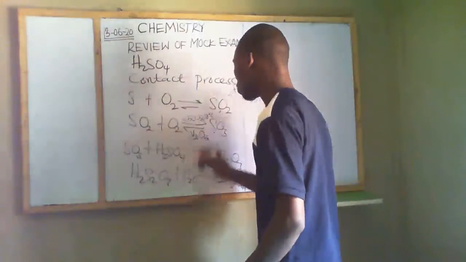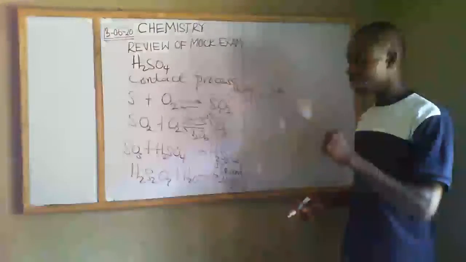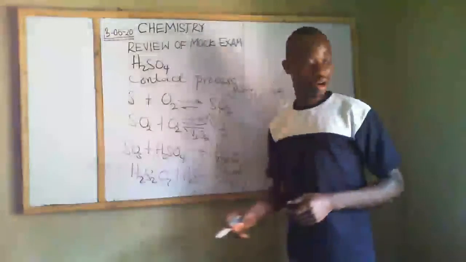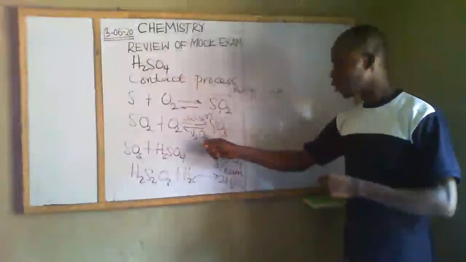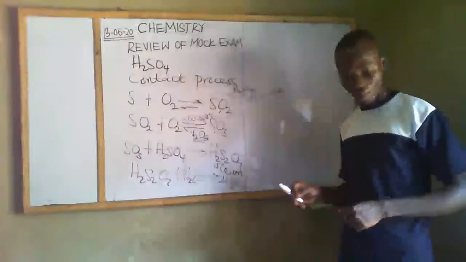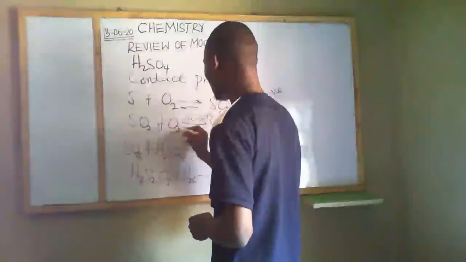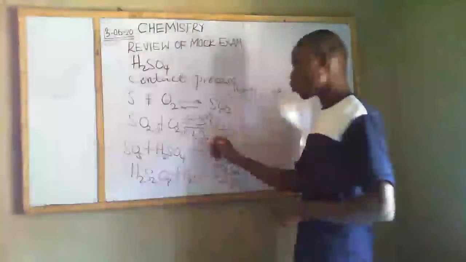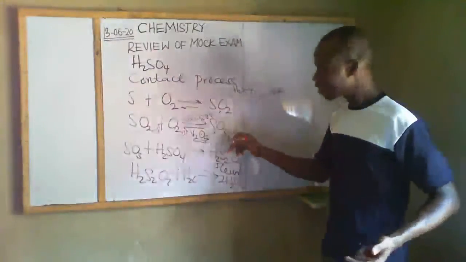One thing I want to point out about this reaction is that it is called homogeneous catalysis, in the sense that the state of the catalyst is the same as the state of the reactants and the product. All these are gases. Sulfur 4 oxide is a gas, oxygen is a gas, sulfur 6 oxide is a gas, and the vanadium 5 oxide is also in the gaseous state. This is homogeneous catalysis.